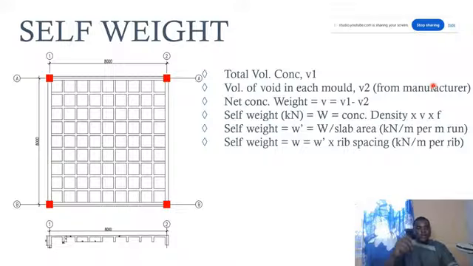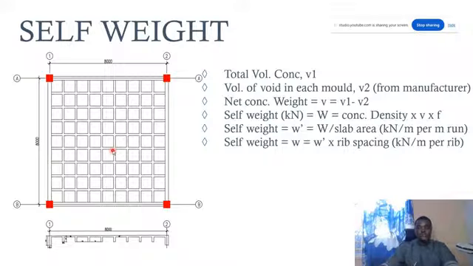So you now count the number of molds you will need for your slab. In this case, we have 1, 2, 3, 4, 5, 6, 7, 8, 9. We have 9 here, we have 9 here. So that means we have a total of 81 molds in order to achieve this 8 by 8 meter slab. So the volume of one, you multiply it by the total number of molds you need.